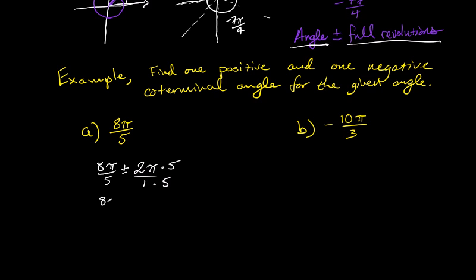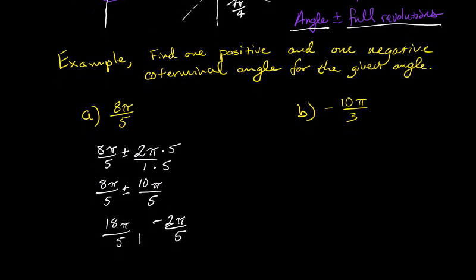So what do we have? 8 pi fifths plus or minus 10 pi fifths. And now I'm just going to do it one at a time. 8 pi plus 10 pi would be 18 pi fifths. So there's my positive coterminal angle. And then 8 pi minus 10 pi would be negative 2 pi fifths. And that would be my negative coterminal angle.